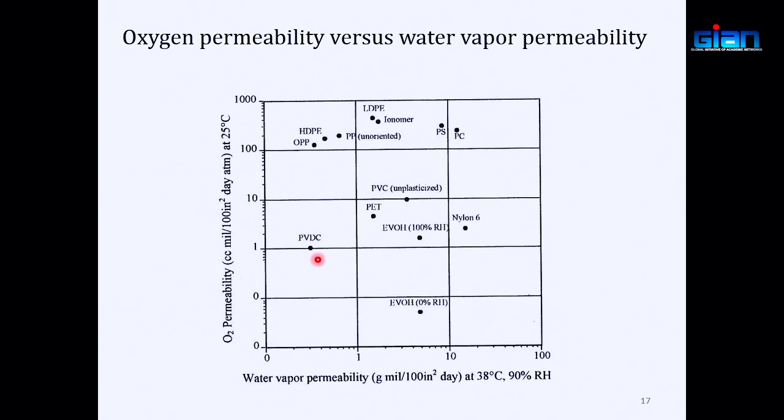So depending upon your requirement for your food product, this diagram can guide you on what material to select. And of course, if you need both barriers, oxygen and water vapor, then PVDC and EVOH are the materials for your selection.